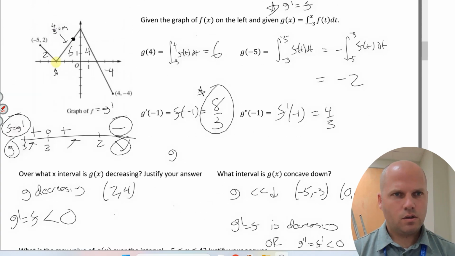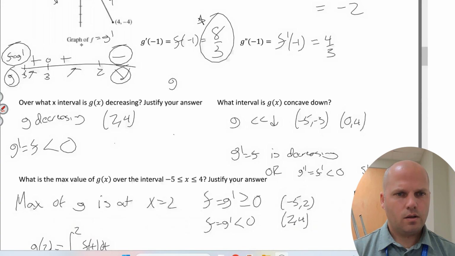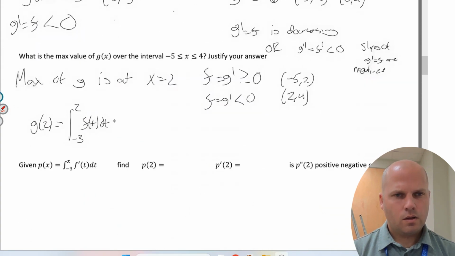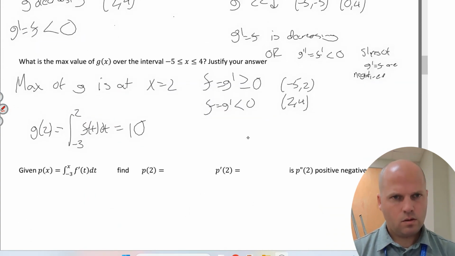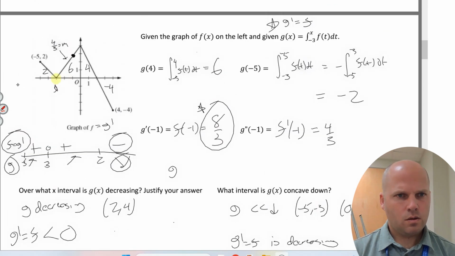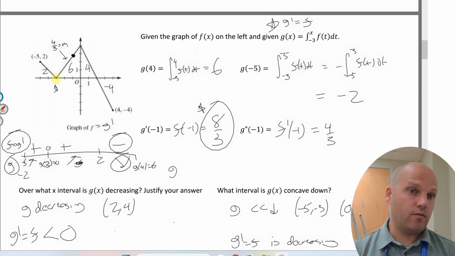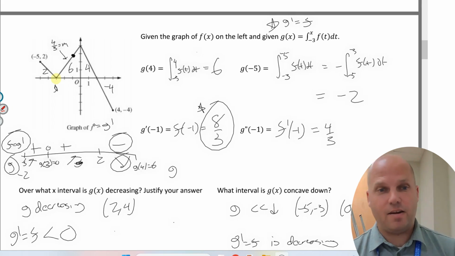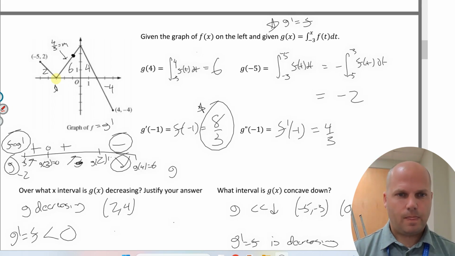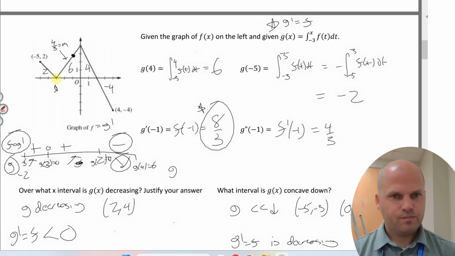It's 10. It's 2. We get g of 3 is 0. Increase 6. We get g of 0 is 6. Increase 10. We get g of 2 is 10. Cool.